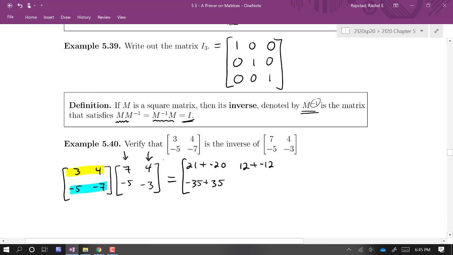And second row, second column, -5 times 4 is -20, plus -7 times -3 is +21. And once we simplify, we see that we get 1, 0, 0, 1. That is the identity, so these are inverses of each other.